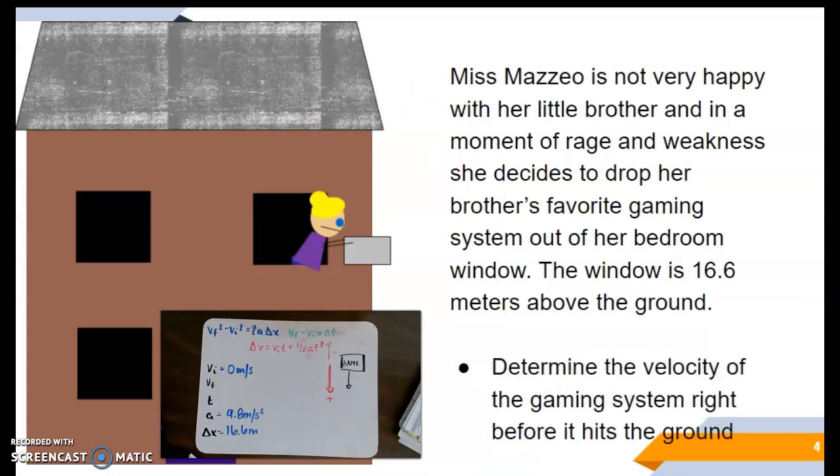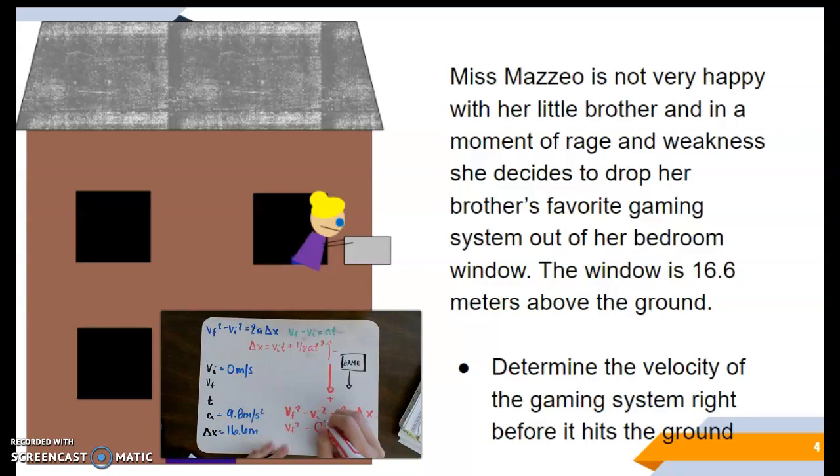So this problem wanted us first to determine the velocity of the gaming system right before it hits the ground. So the final velocity of its fall right before it hits the ground. So with the variables that I have and the equations that I have available to me, if I want to solve for final velocity, I think the easiest way to do that is to use VF squared minus VI squared equals 2A delta X. So I'm looking for VF squared.